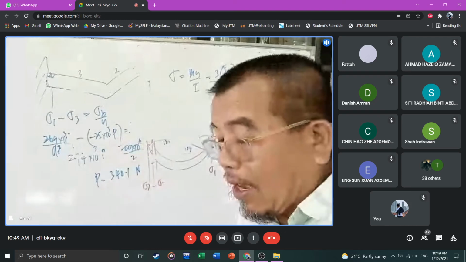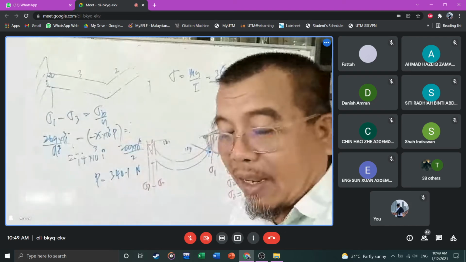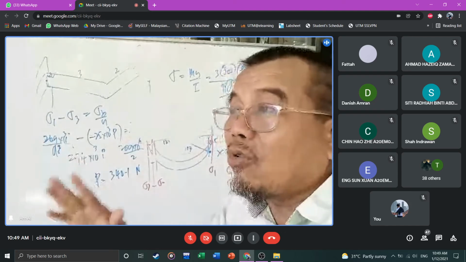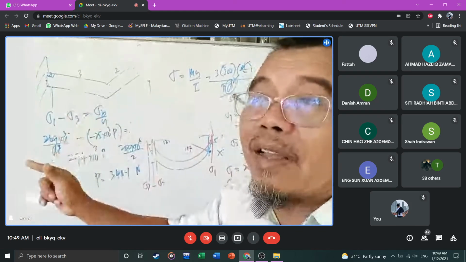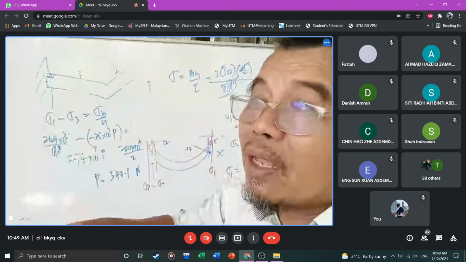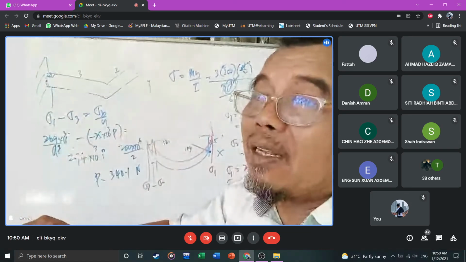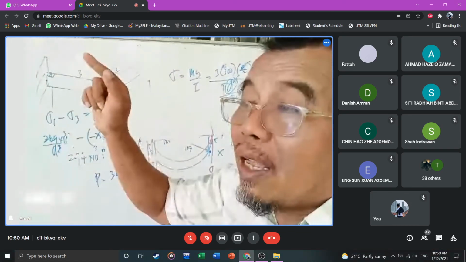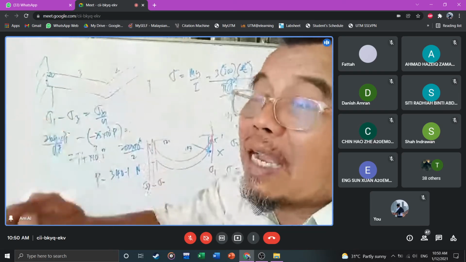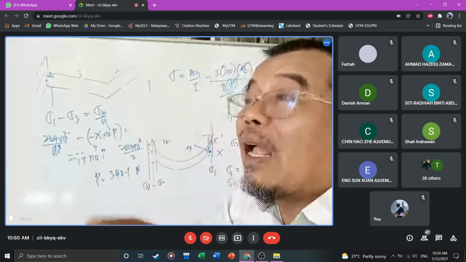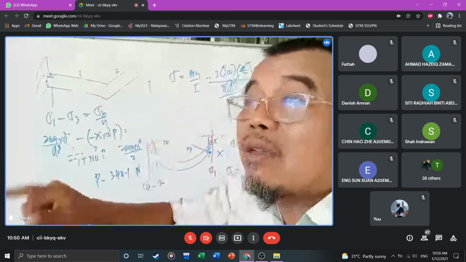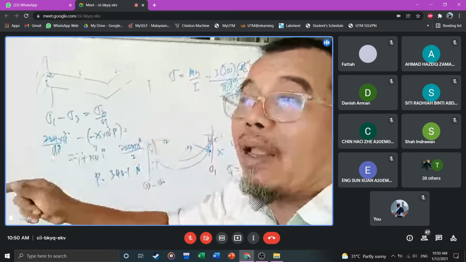That's how you do a failure theory. Forward case, you know the load, you know the size, find the safety factor. Reverse case, I want this safety factor, I know the load, find the size. Or I want this safety factor, I know the size, find the maximum load I can put there.